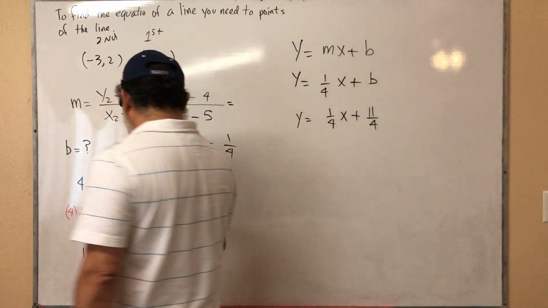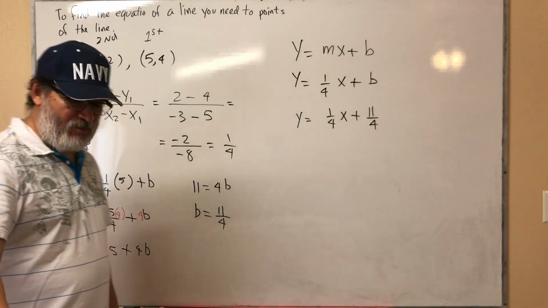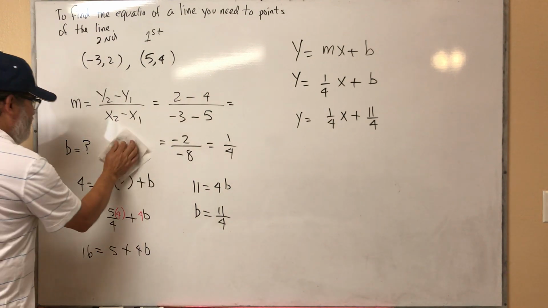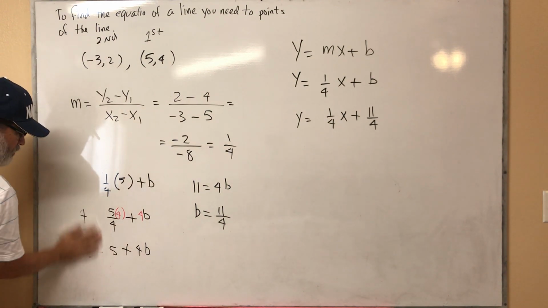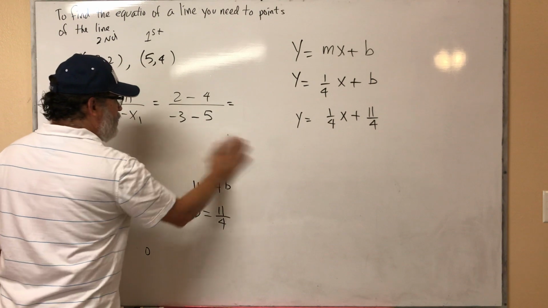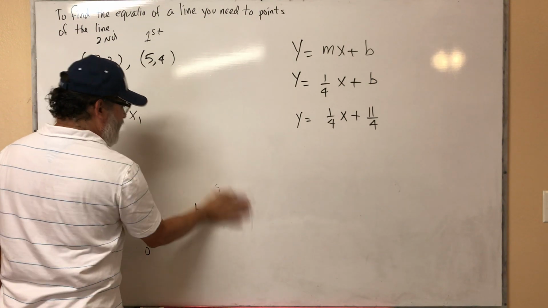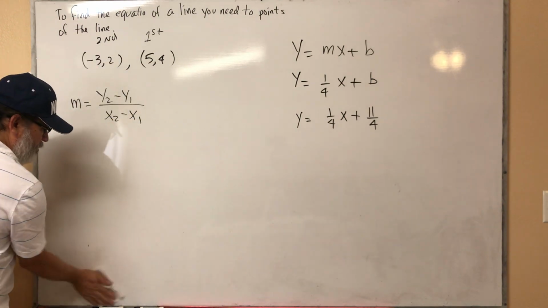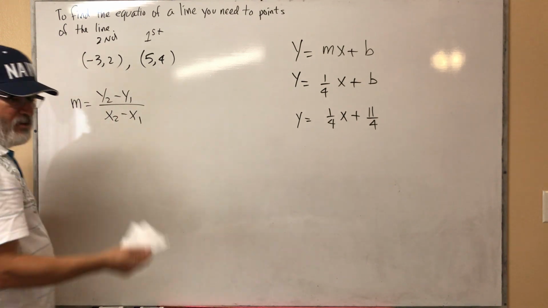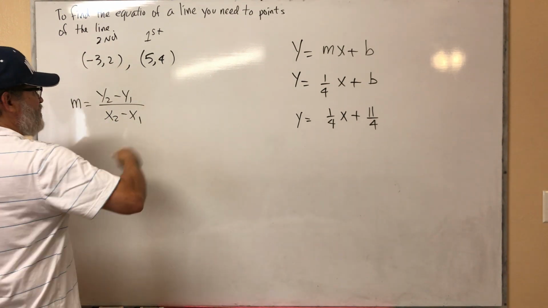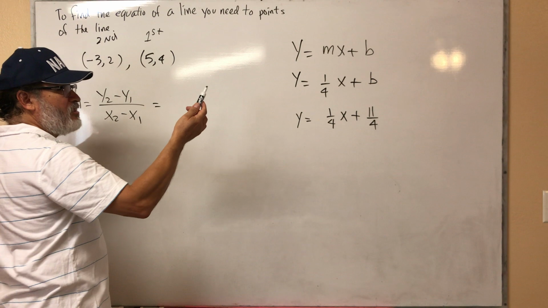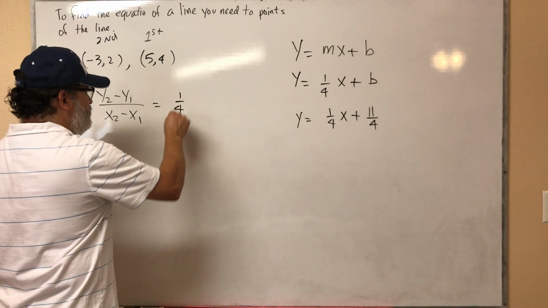Another way to find the equation of a line is you find the slope. What did we say the slope was? 1/4, right?